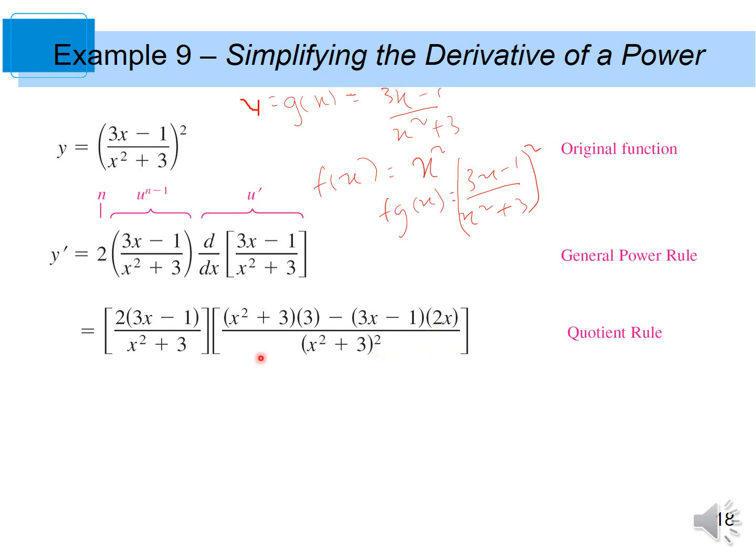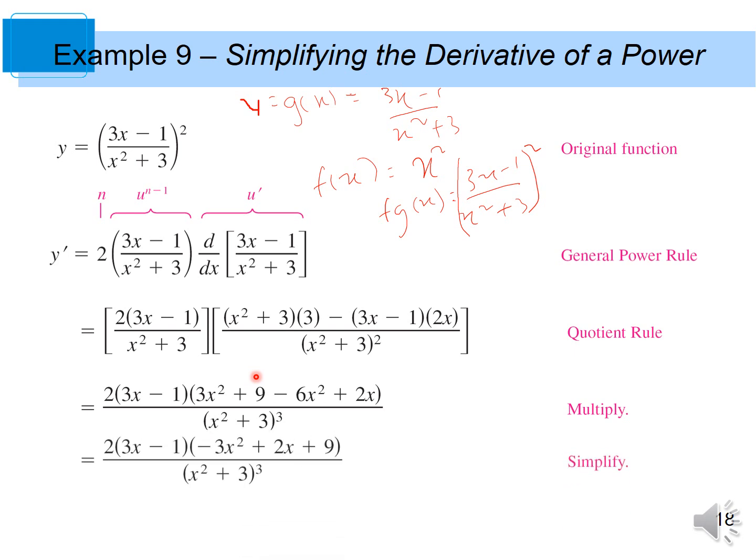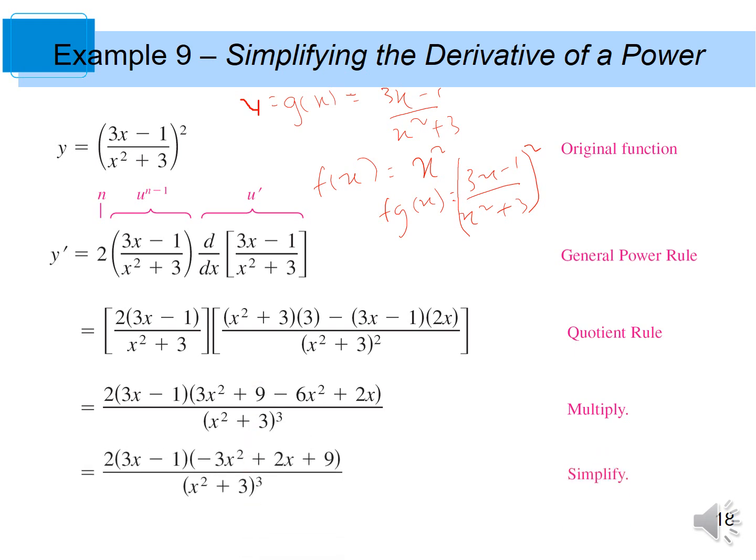This is the quotient rule. And then we simplify. So we can multiply these two fractions, and then we simplify. So this is the answer. Your answer must be in simplest form.